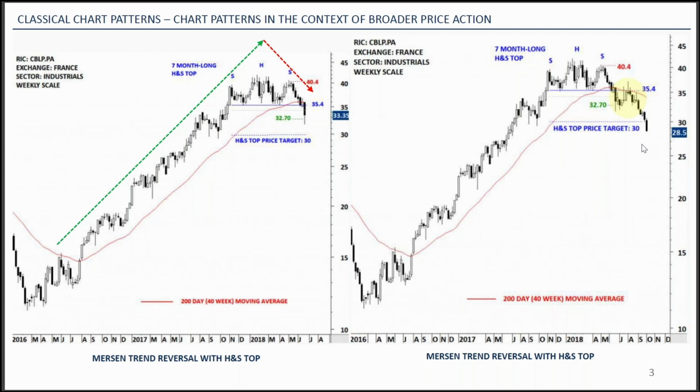Or a cup with handle is a continuation chart pattern. So if it is going to appear on the price chart, it shouldn't be at the bottom of a trend. In fact, it should be after an advance, forming as a continuation chart pattern. So in the case of, for example, a head and shoulder top, there has to be a clear uptrend that has taken place.